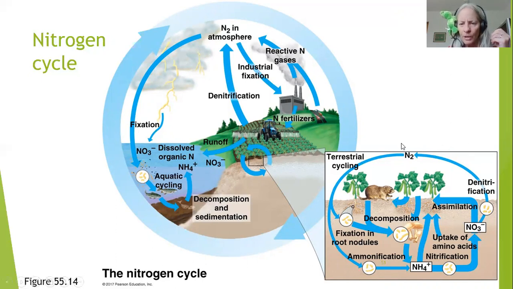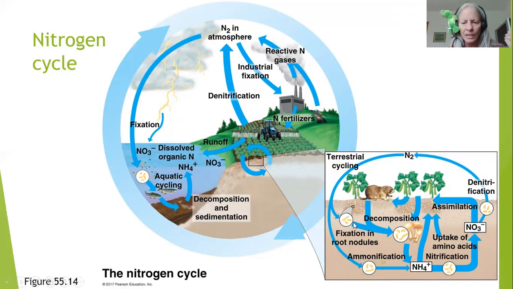So let's focus in down here on the soil. This is what we learned about in the chapter when we learned about plant nutrition. We learned about the nitrogen cycle and how the nitrogen cycle depends on these various kinds of bacteria.